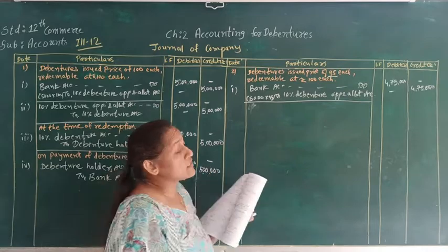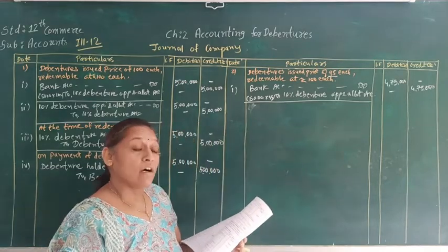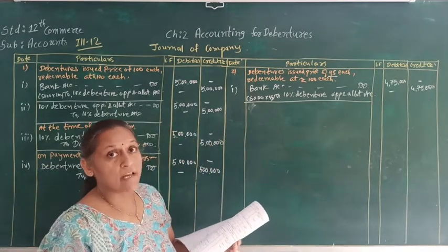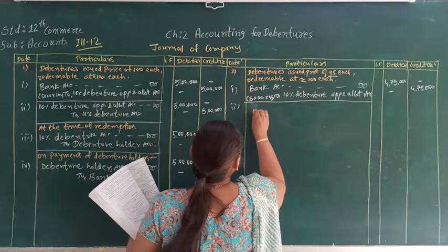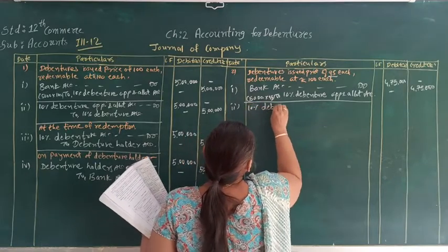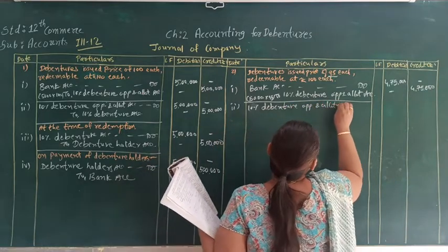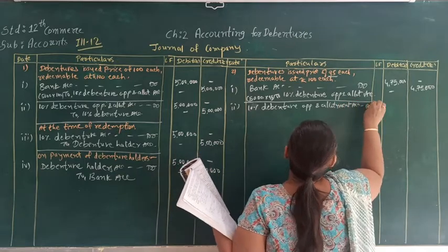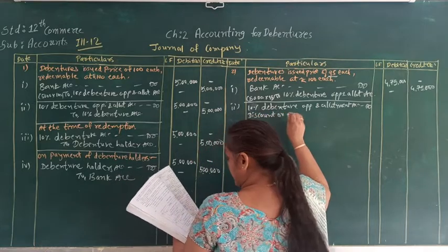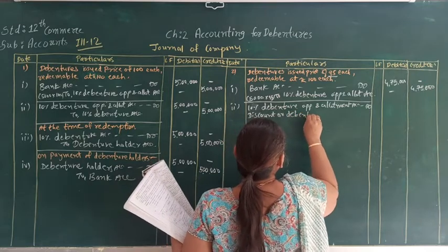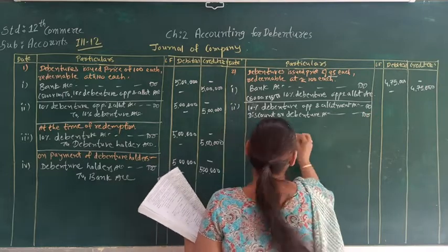As it is issued at discount, the journal entry that we are going to pass is 10% debenture application allotment account debit, discount on issue of debenture account debit, to 10% debenture account. So let's pass the second journal entry.